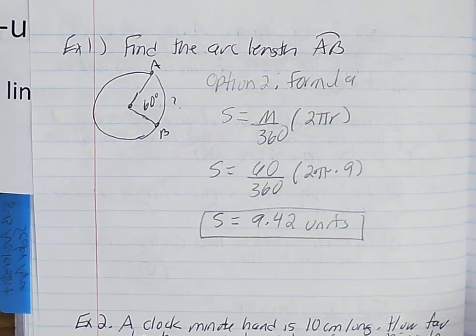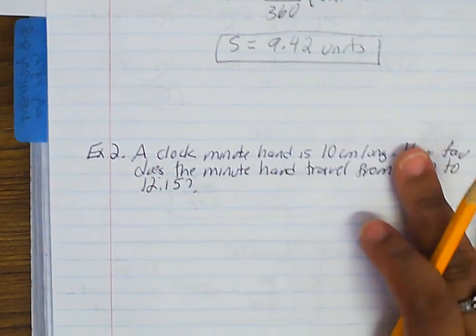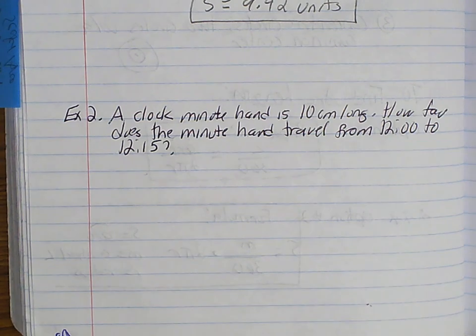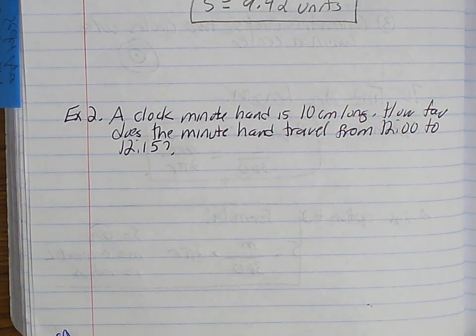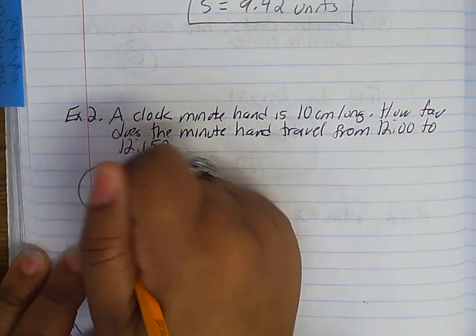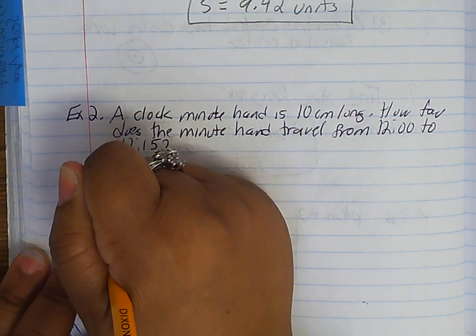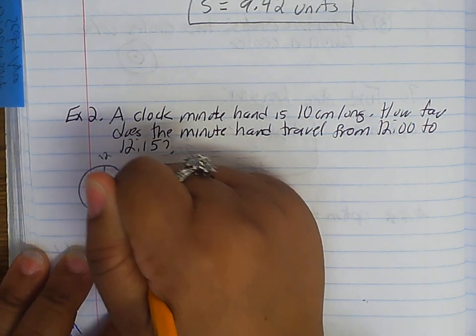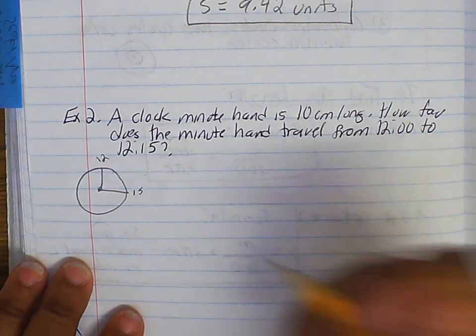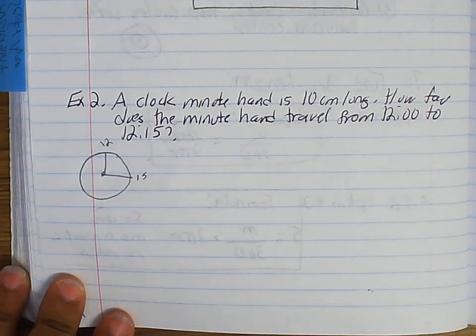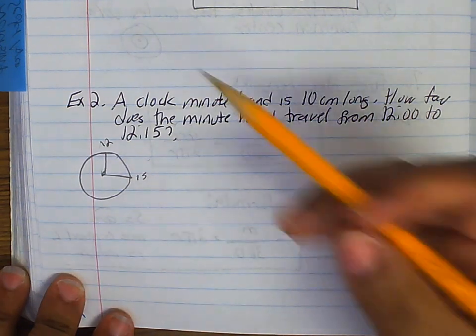All right, let's do another one. This one has a clock. This problem says a clock's minute hand is 10 centimeters long. How far does the minute hand travel from 12 to 12:15? If you want to, you could draw yourself a clock. You want to figure out what the central angle is, so we're going to do the conversion.